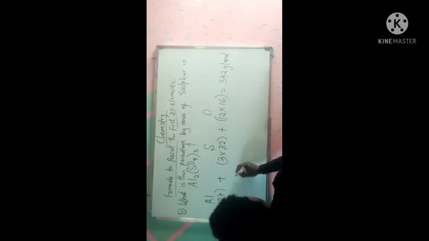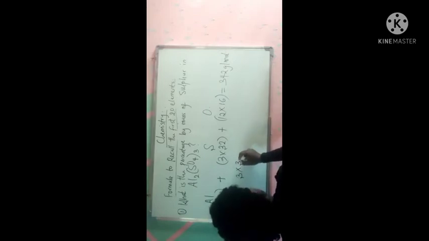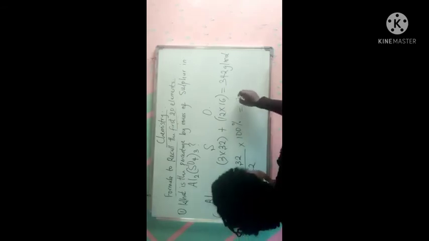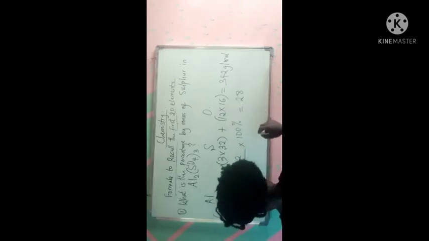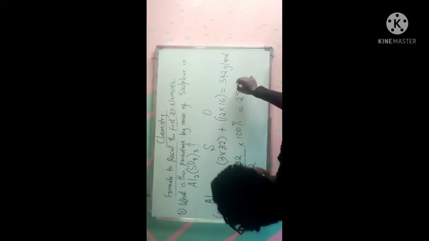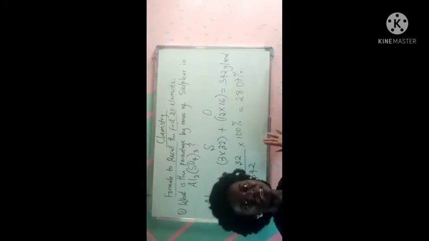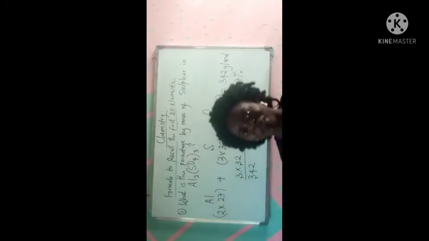So it becomes amount of sulfur over the total mass times 100%, since I'm looking for percentage composition, and this will give us 28.07%.